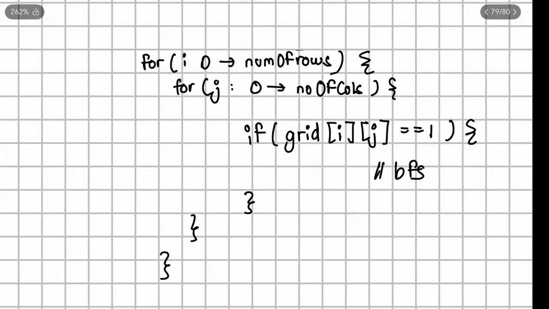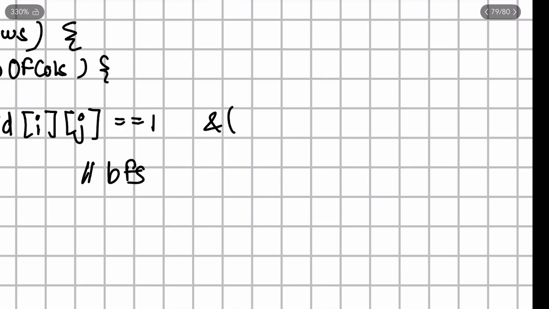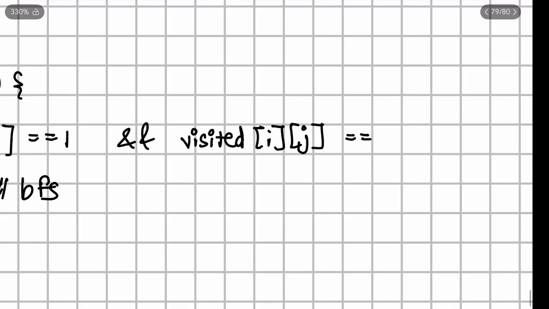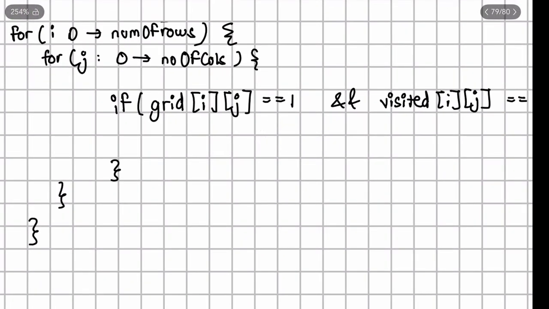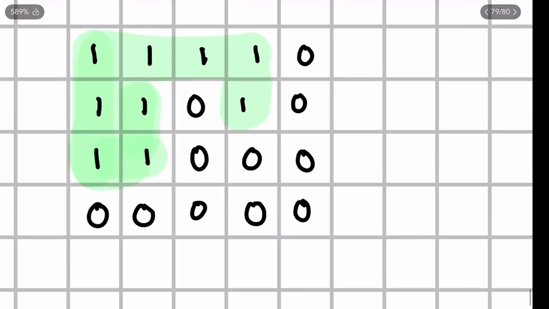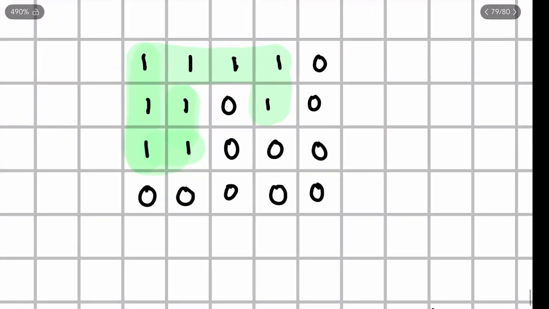So we will need a visited array. So let's just assume that we have created a visited array, and we need our visited at i comma j to be false. Let's just make it boolean so that we have not visited that, right? So now if you see, what are we doing here? If you see the crux, whenever we start, so let's say we start with ij, firstly we'll find this, right?